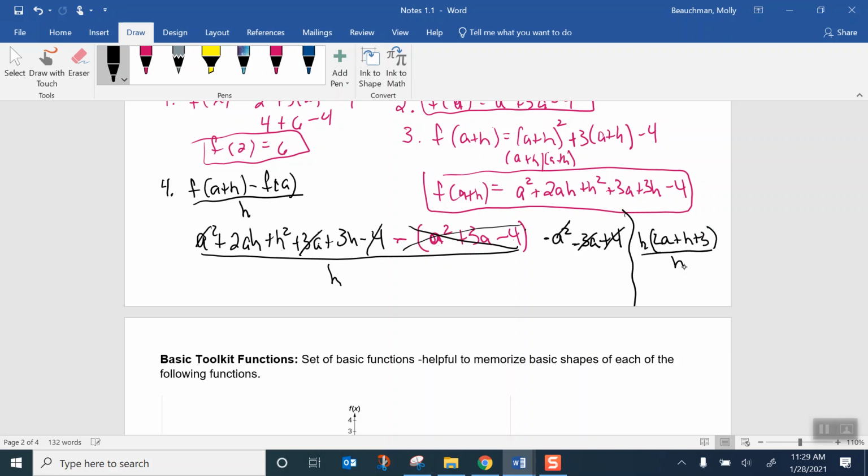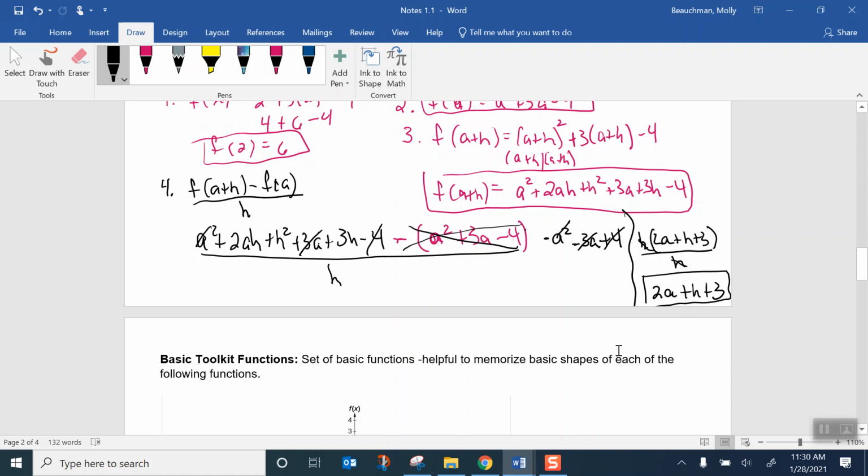That's still all over h. The h's now cancel each other out, and you're left with 2a plus h plus 3. So it's using function notation and just a longer expression to simplify.